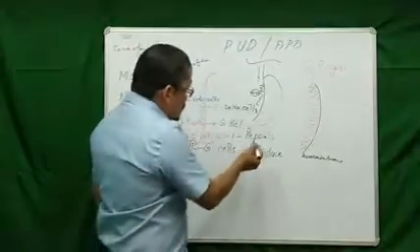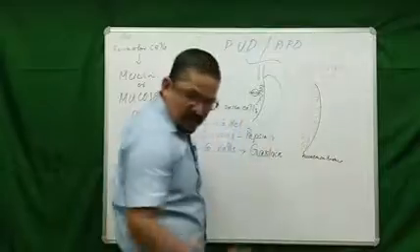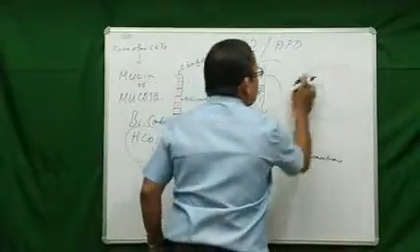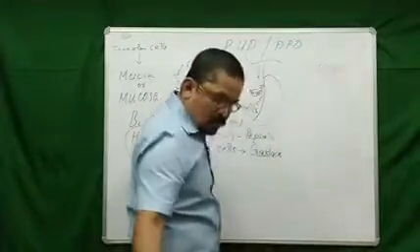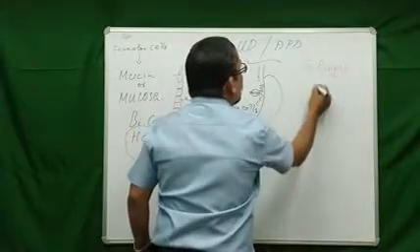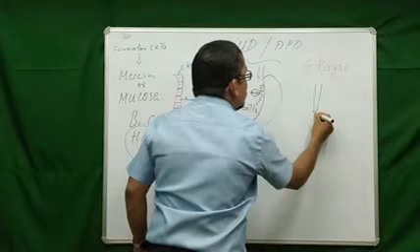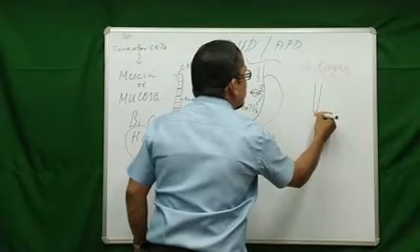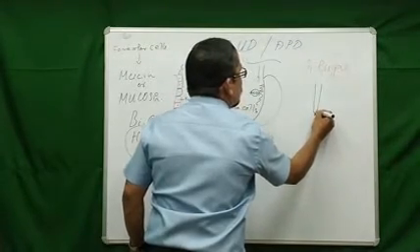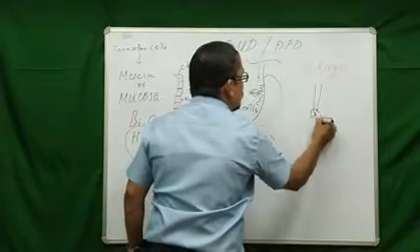Gastrin also has another main function: you know that the lower end of the esophagus has a sphincteric contraction, the gastroesophageal valve.